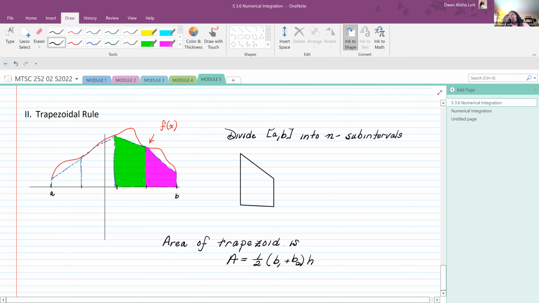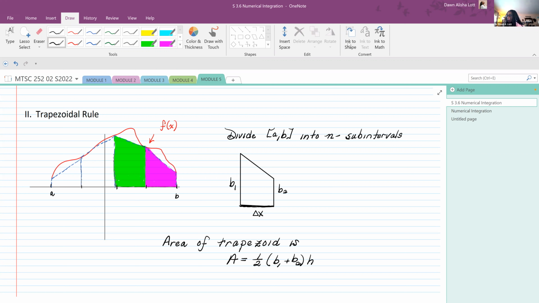Now this trapezoid happens to be laying on its side right now. So I'm going to call this side b1 and this side b2, and this side right down here, that's going to be its height, which I'm going to call delta x. Okay, so that's its height.